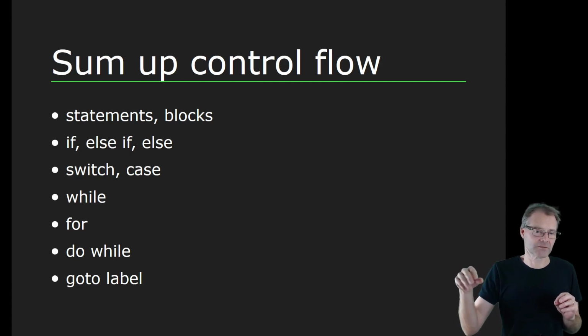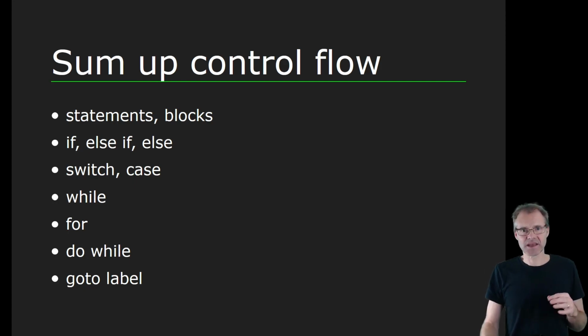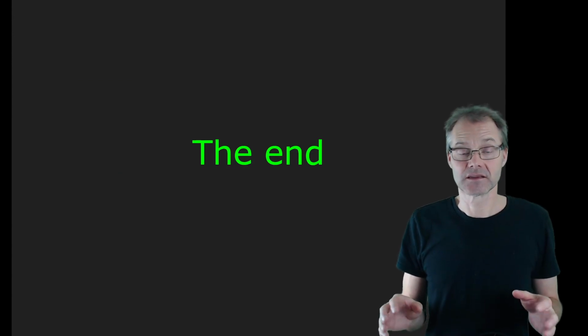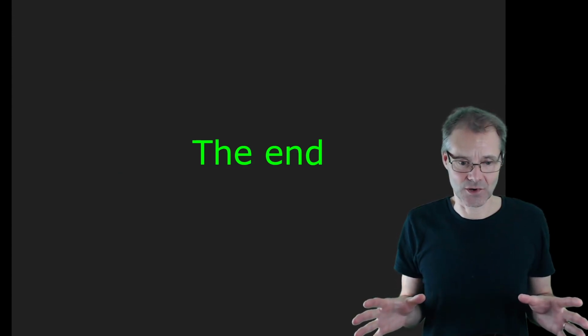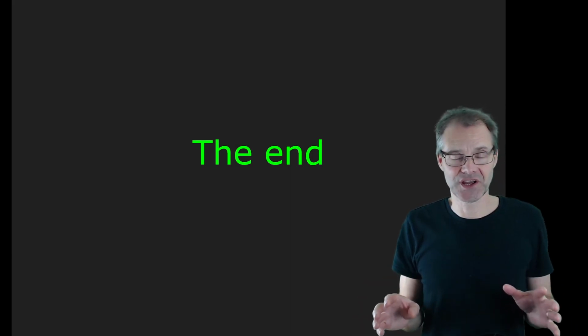Then we talked a bit about the three loop constructs, while, for, do while, and their characteristics. And then we talked about Goto label. And this basically sums up all the control flow that we have here in the C programming language, just to steer the basic control flow. And that will be enough for today.